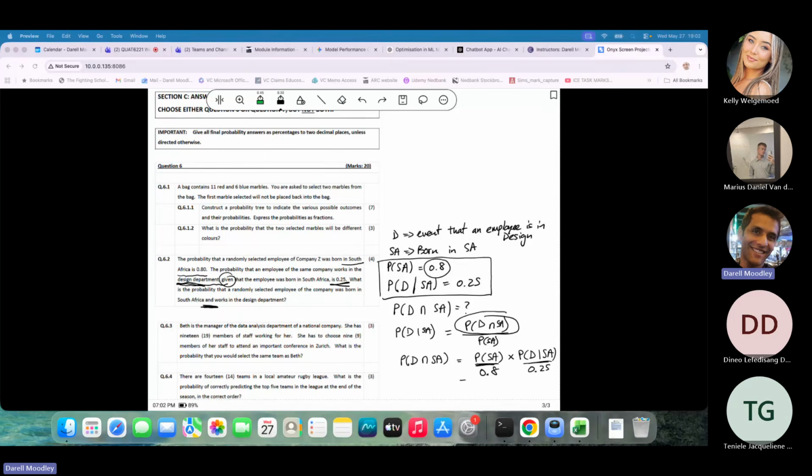And you work that out. Plug into your calculator, and the answer you'll get is 20%. So you use the conditional formula. And you know you have to do that because they give you the keyword here, given. That's a keyword to know that you have to use the conditional probability rule. All right. Let's move on to 6.3.